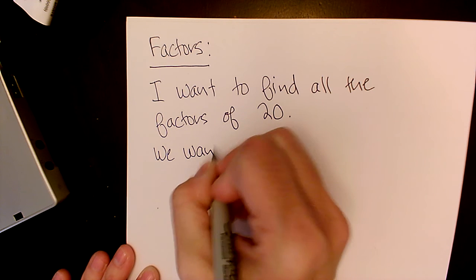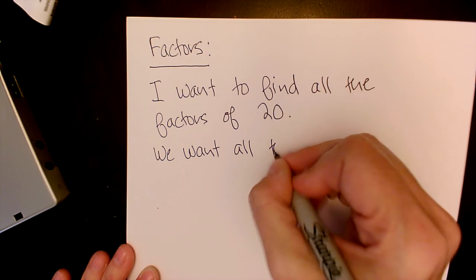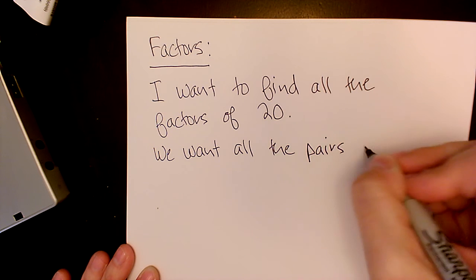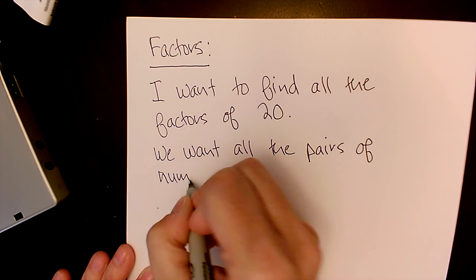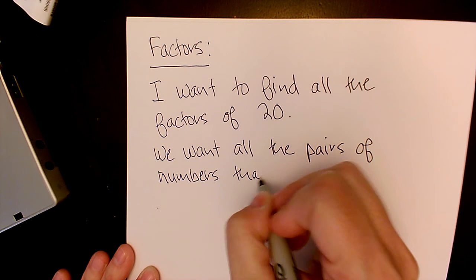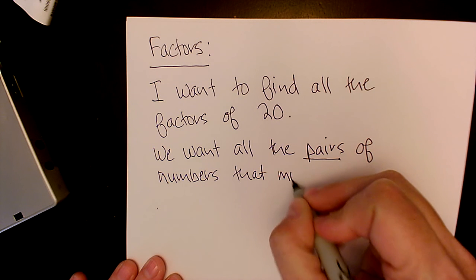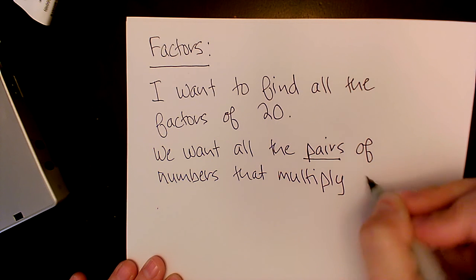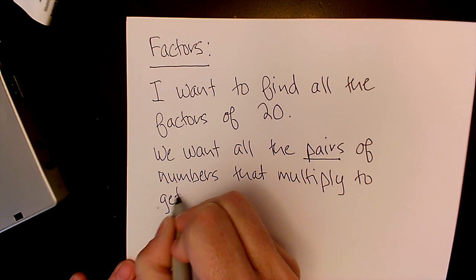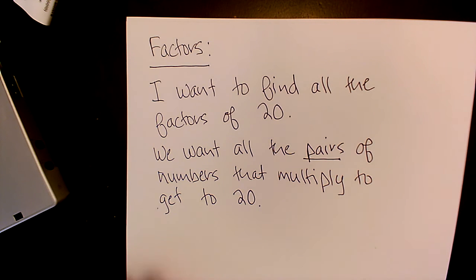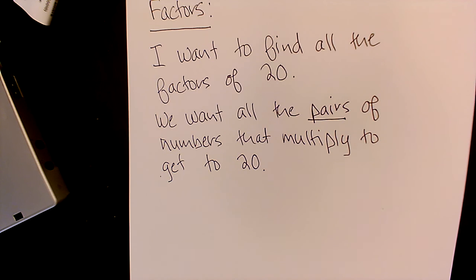We want all the pairs of numbers, and by pairs I mean 2, so we want all the pairs of numbers that multiply to get to 20. So think of 2 numbers that when you multiply them get you back to 20.